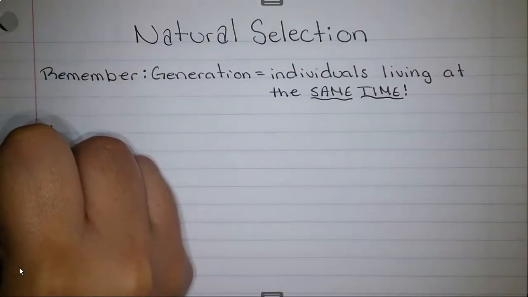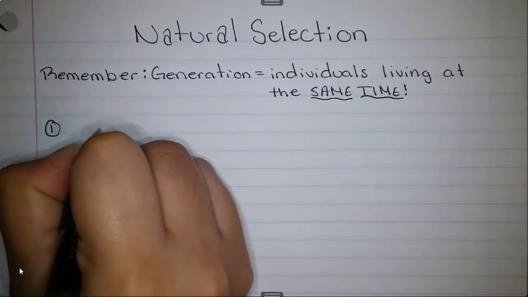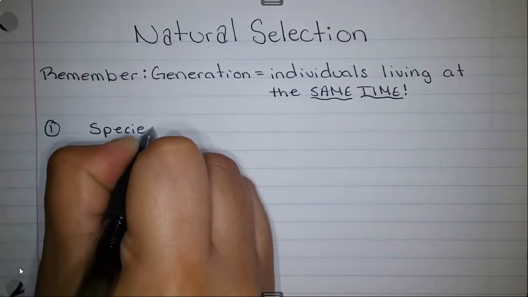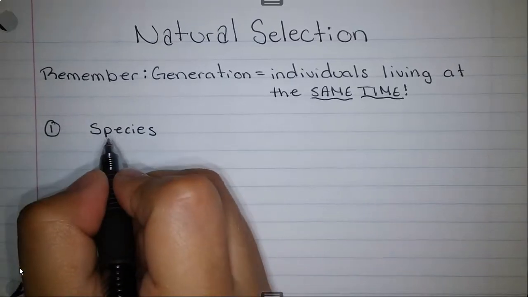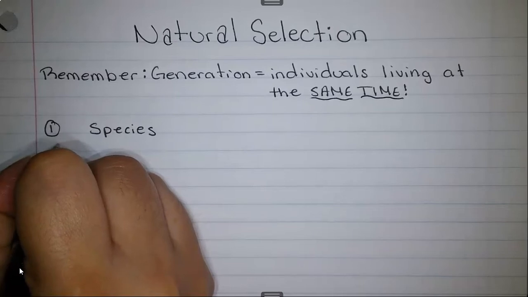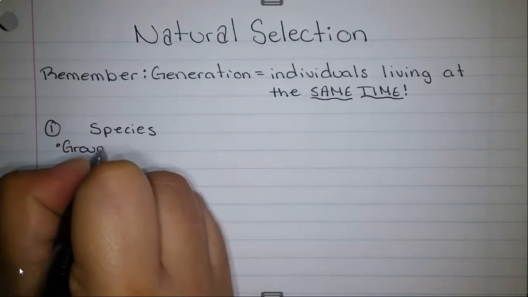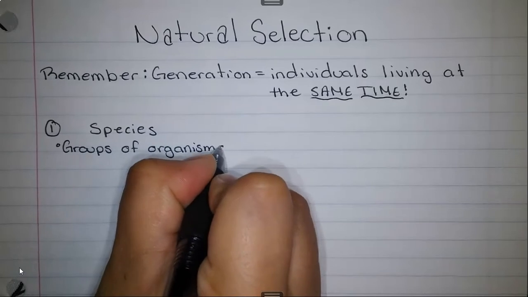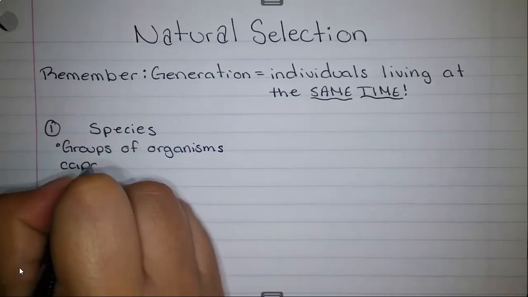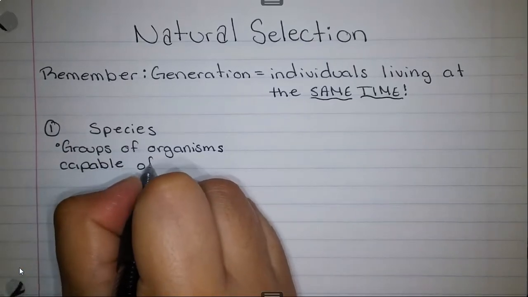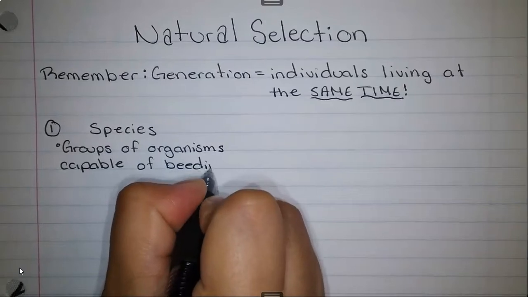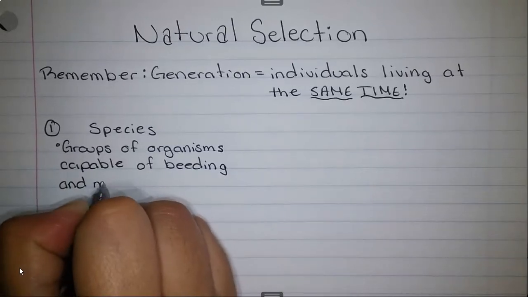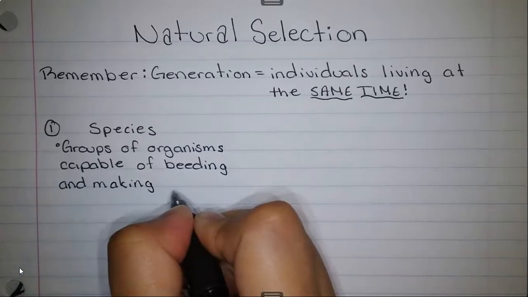So, number one, first we have to remember what a species is. And those are groups of organisms capable of breeding and making offspring.